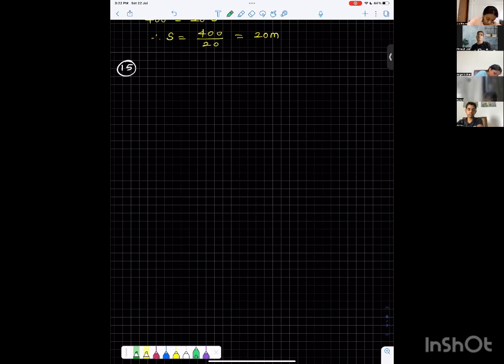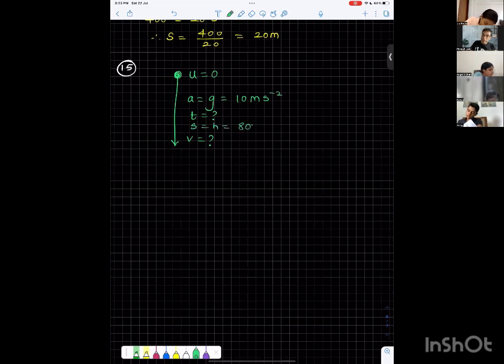How long will a stone take to fall to the ground from the top of a building 80 meter high? And what will be the velocity of the stone on reaching the ground? U is 0. A is equal to G, equal to how much? How much is it given, Anika? G is 10 meters per second squared. You have to find out time also, right? Yes. And height is given. So S is equal to H is equal to 80 meter.